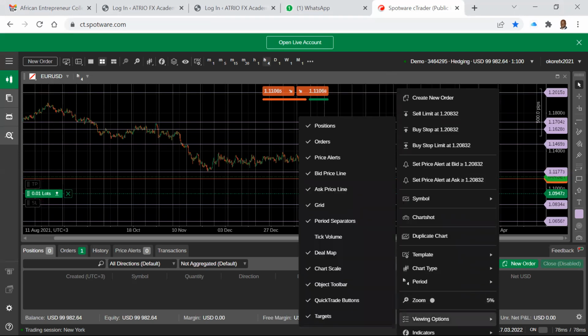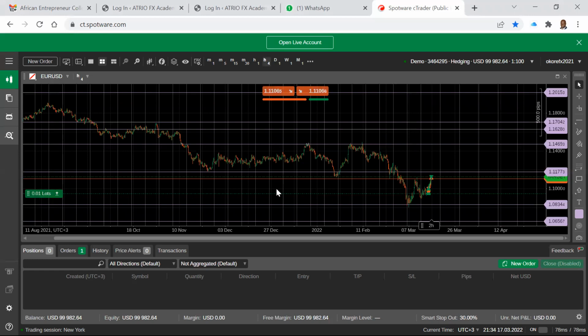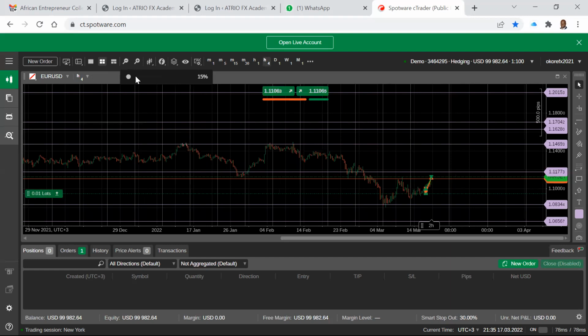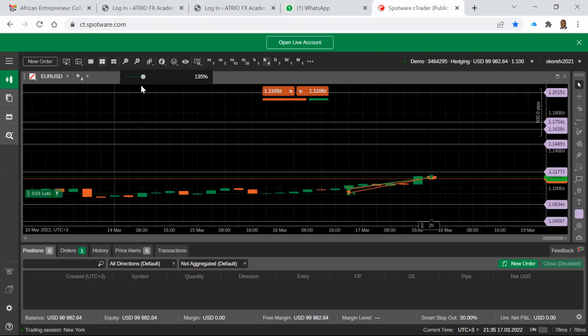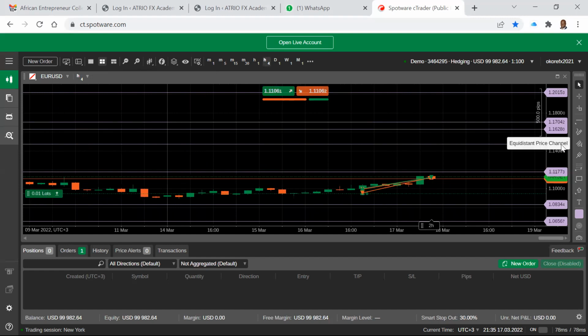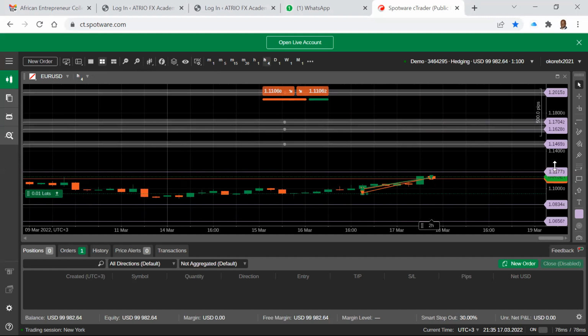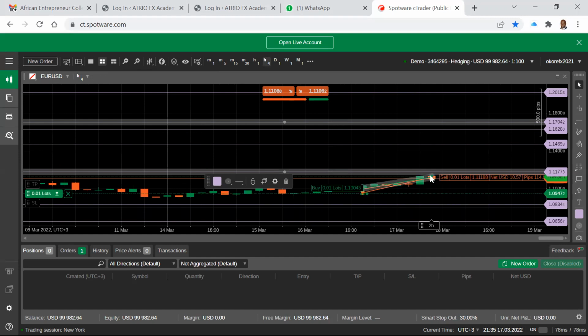Okay, viewing options. So I can, oh, by the way, this deal thing, let me show you what it was. These maps that were here, these little lines that were there, you can remove them by going to, let me see. Okay, you see those lines? I want to remove those lines, these lines here.